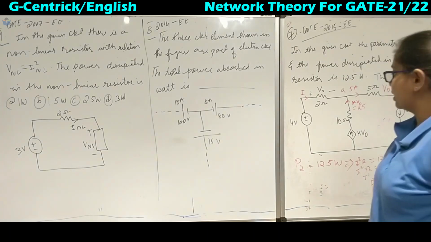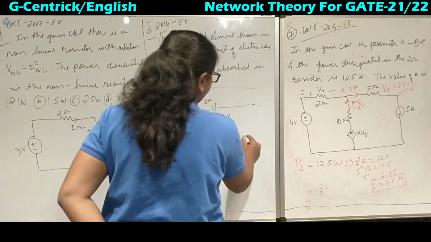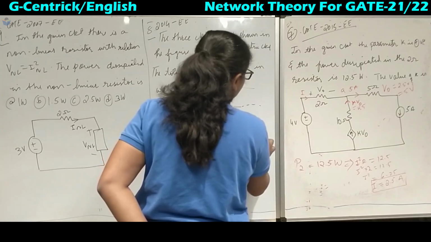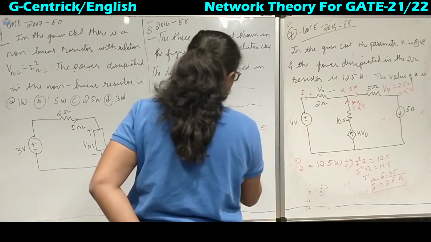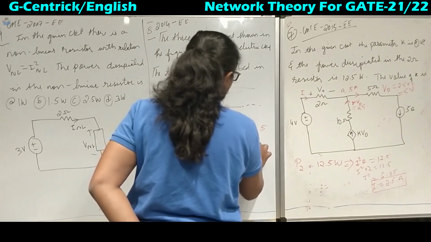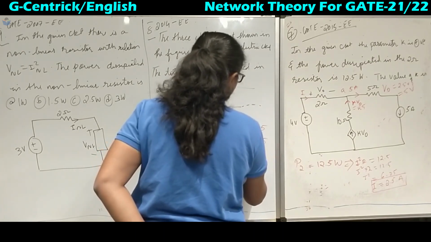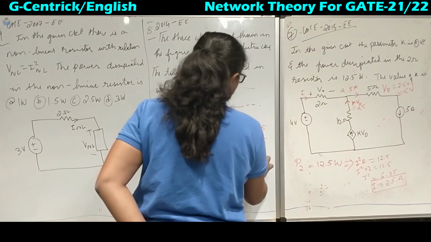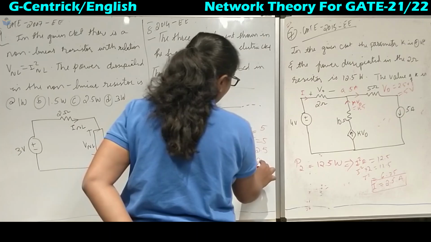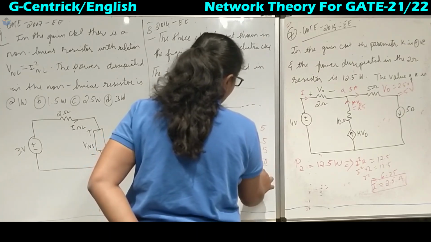So now apply the KCL at node A. So I plus K into 5 is equal to 5. So this is 2.5 plus K into 5 equal to 5. Then 2.5, if you send that side, it will be again 2.5. So K is equal to 2.5 over 5.